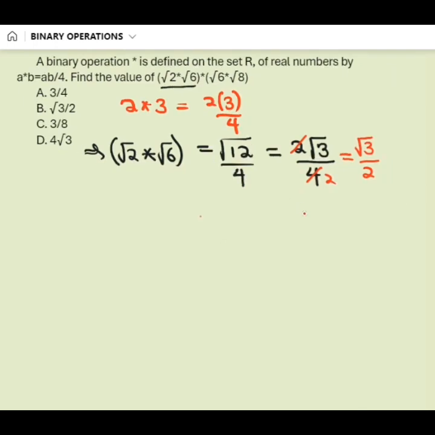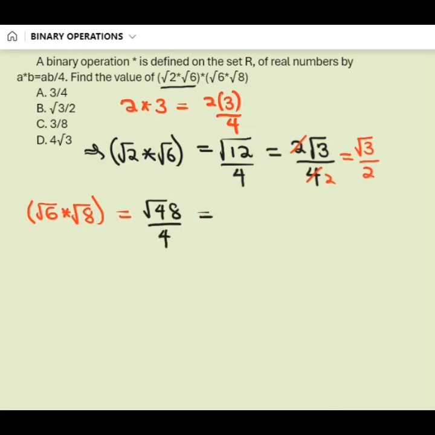Okay, the second square root tells us that the second bracket, we are given that root 6 star root 8, and following that definition we are given there, so that means this is going to be root 6 times root 8 which is root 48 all over 4.